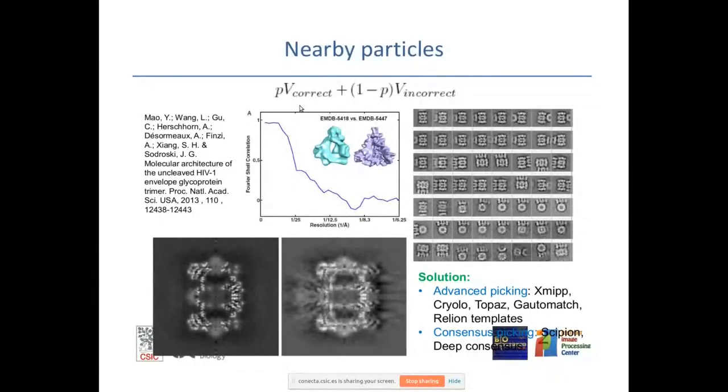But if this percentage is much higher, like 30%, 40%, and these can be really the numbers, we will see in the next seminar that the number of particles that agree in the angular assignment can be as low as 50% or 40% only. Then you have this effect, and here you have the famous HIV trimer reconstruction, and one of the problems here was using incorrect particles. So using incorrect particles for your 3D reconstruction is also very, very dangerous.